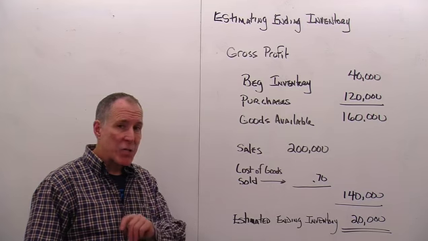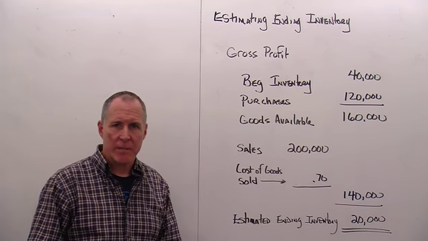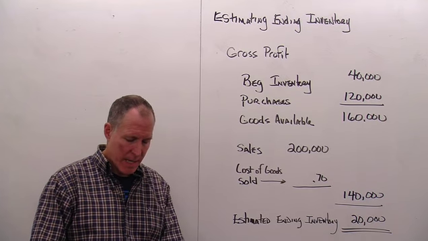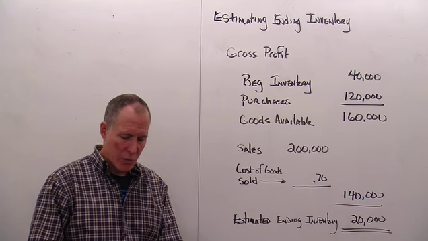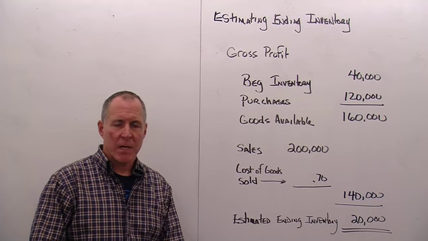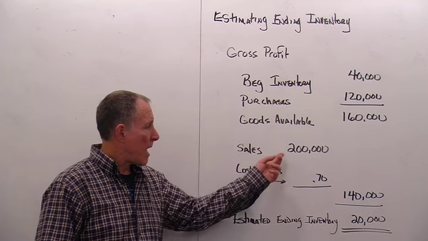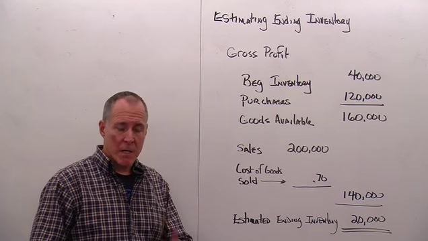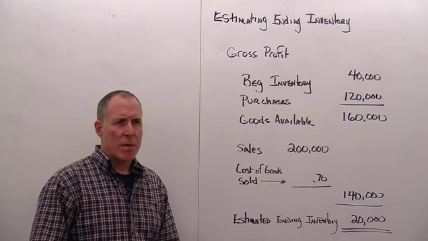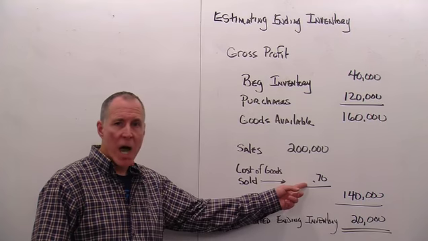What I need to do is figure out how much of the 200,000 is cost. Going back to the problem, it tells me the preceding year's gross profit percentage was 30%. So of the 200,000, 30% was profit. Well, if 30% was profit, 70% was the cost.